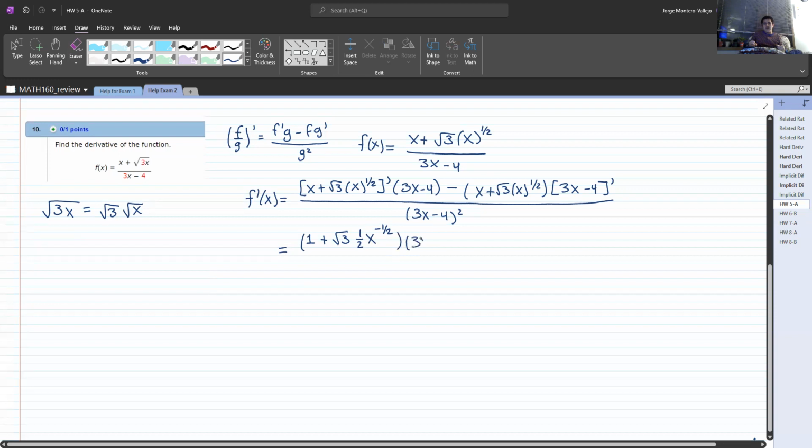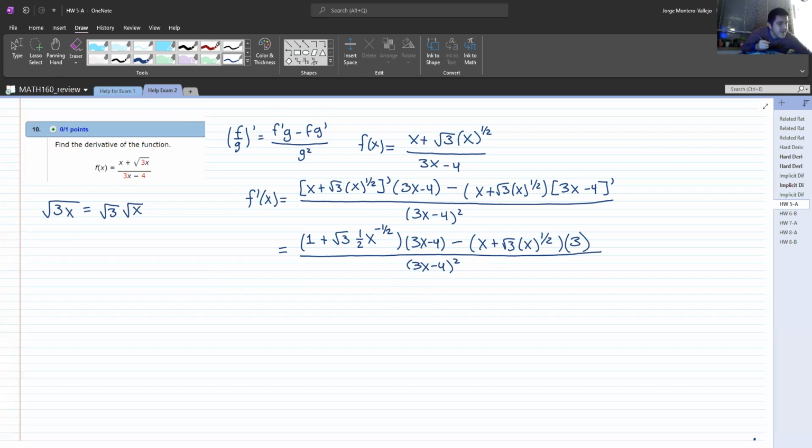And then we have 3x minus 4, and then minus, and here we have this, and the derivative of 3x minus 4, that's 3. And again, we are dividing by 3x minus 4 squared. All right, what can we do now? Let me see what I had done before.